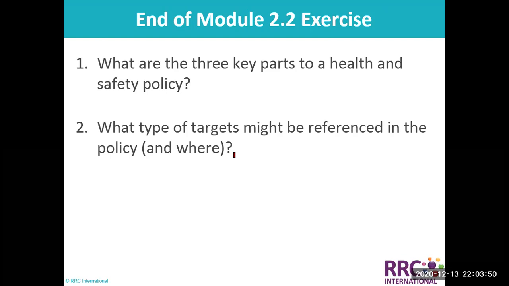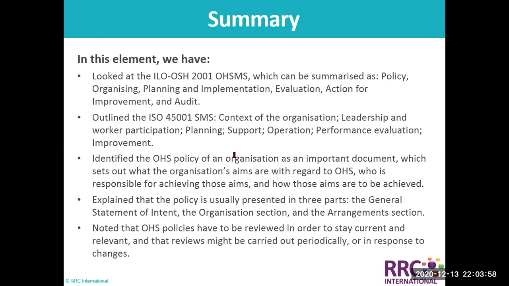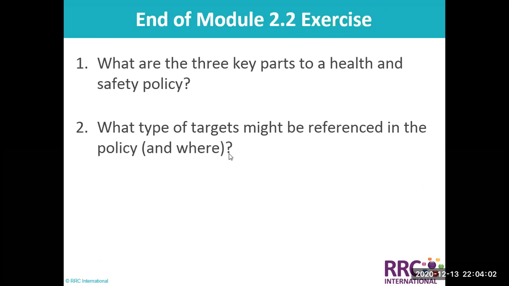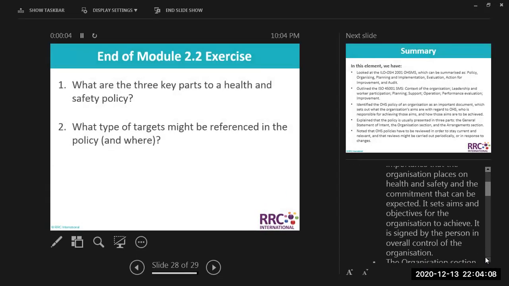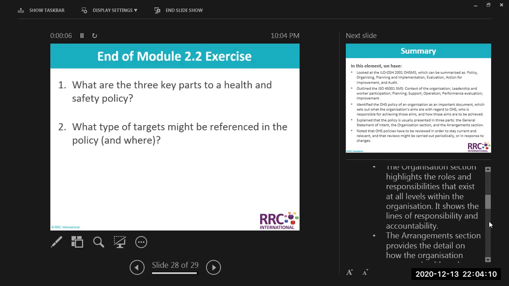So what type of targets might be referenced in the policy? And here we looked at those. We looked at targets. Well, we set another example. Looking at review of risk assessment within a year.